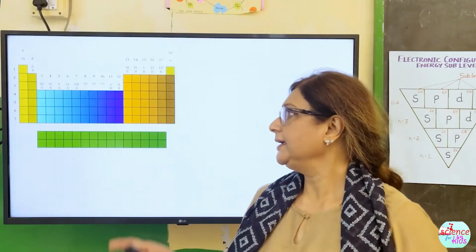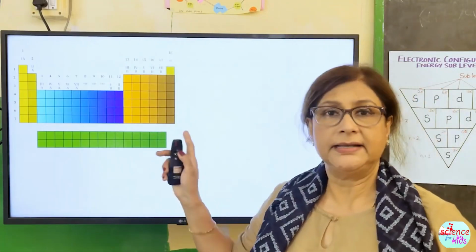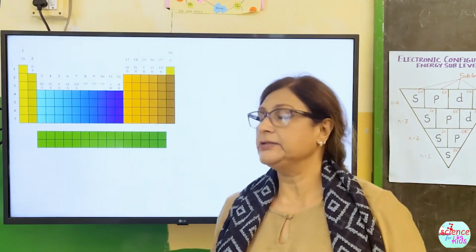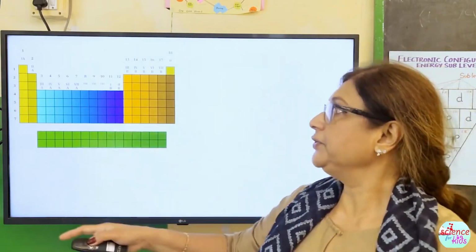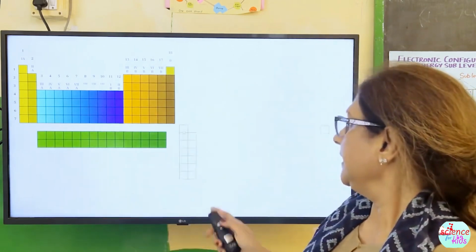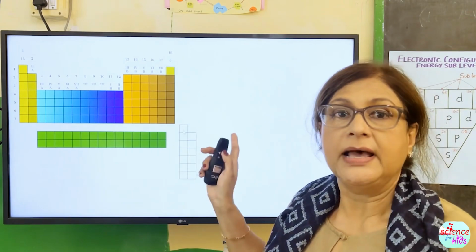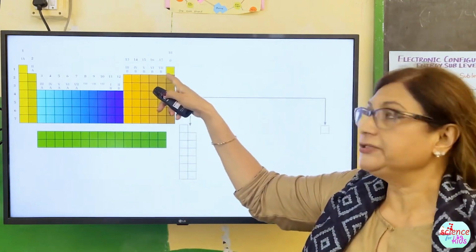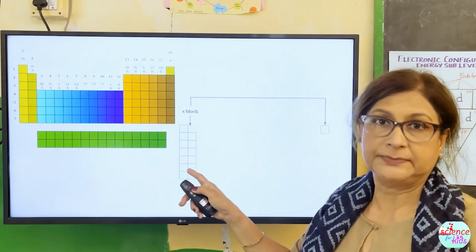As you can see, the periodic table is color coded. Now, what exactly do these colors stand for? Let's look into it. The first two groups which you see, in yellowish green color, this is called the S block. And remember this little square on the top, that is also part of the S block.